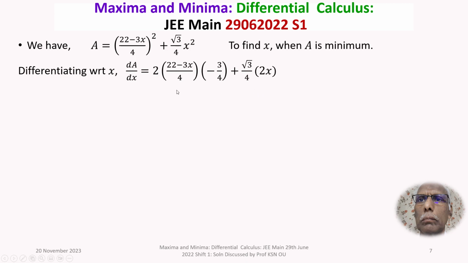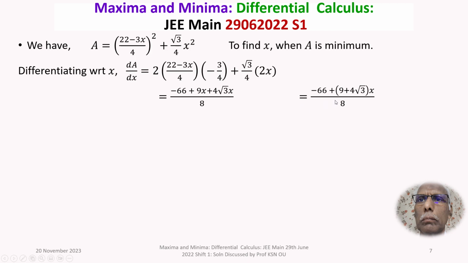After cancellation, you will get, taking 8 as the LCM, the first one is 3 times 22, that is minus 66. Minus 3 into minus 3x is plus 9x. And here a 2 is left, 4 times root 3 x.